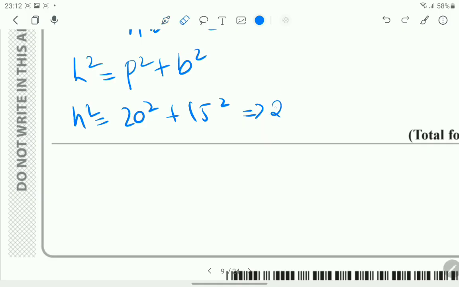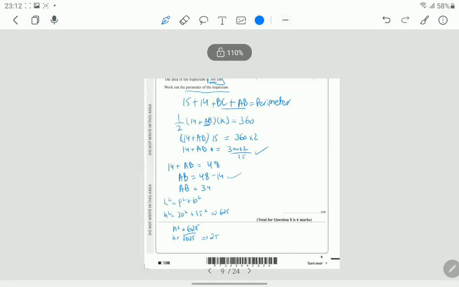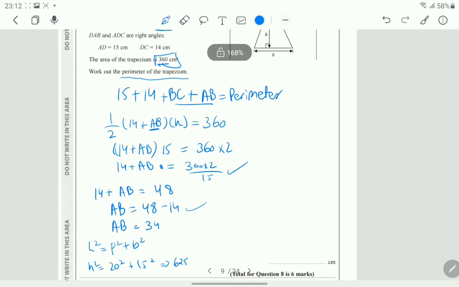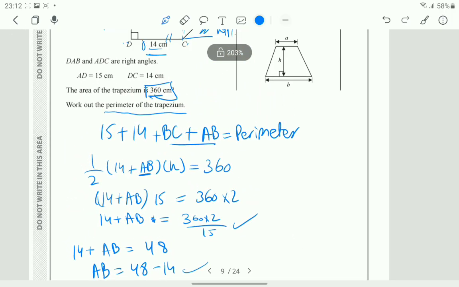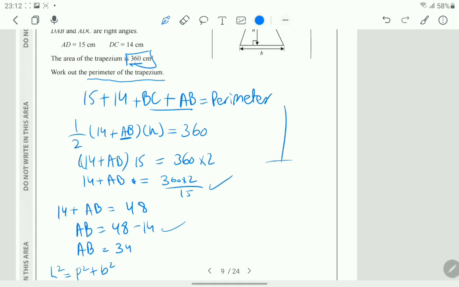So h square equals 625, h is equal to under root 625, which is equal to 25, and we can now finally calculate our perimeter, which is the main requirement.